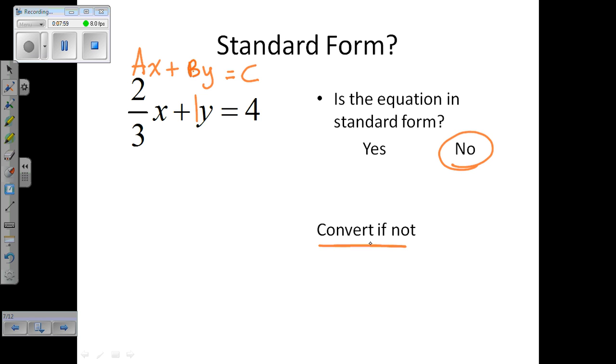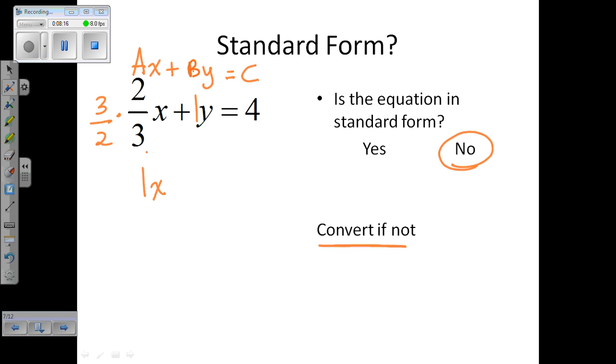So now I'm going to try to fix that problem. So I need to somehow make this not a fraction anymore. Sometimes students will say, can I multiply by the reciprocal? Well, I could do that, and that would help me because these would cancel, and I would be left with 1x.